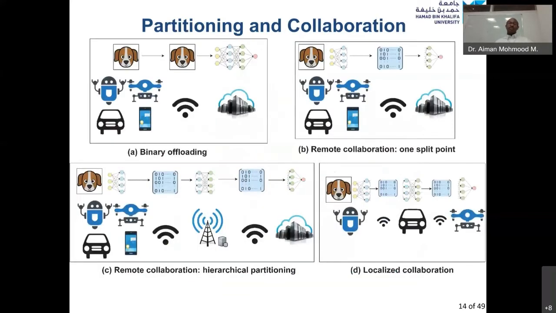So before we start talking about the different case study, we want to put some basic understanding of this distributed inference. We have to understand how this deep neural network is partitioned.